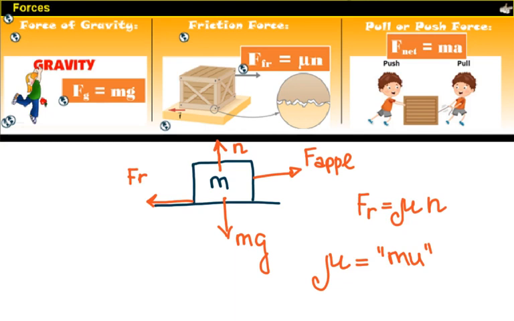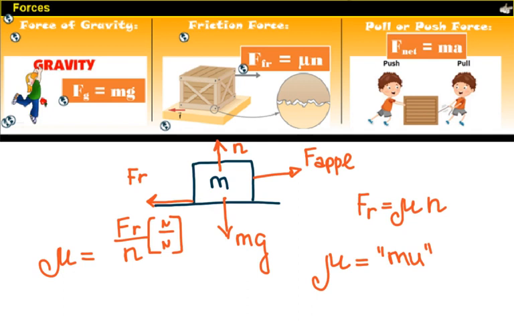And the coefficient of friction does not have any measurement units. It's just a proportion. So mu is just the proportion, in this case, of the friction force and the normal force. So here you have newtons divided by newtons, so it will not have units. So that is the coefficient of friction.